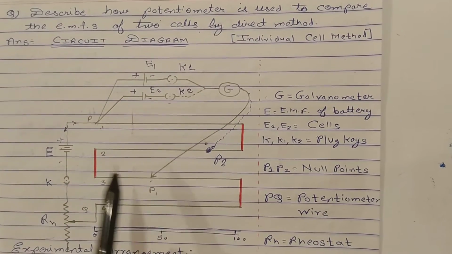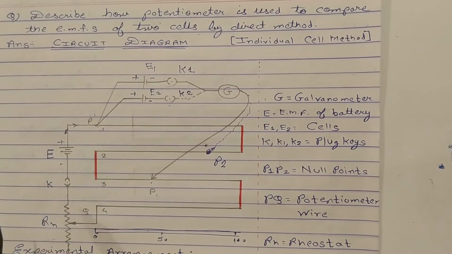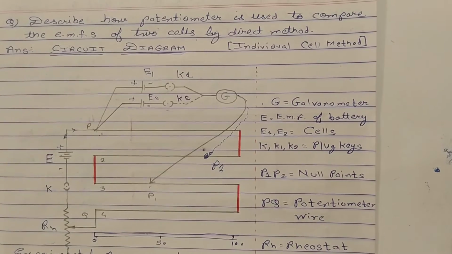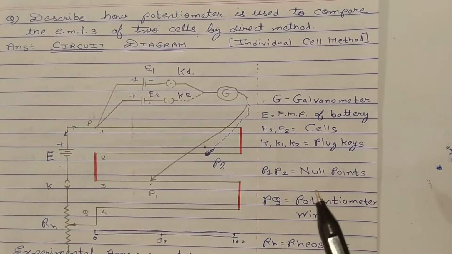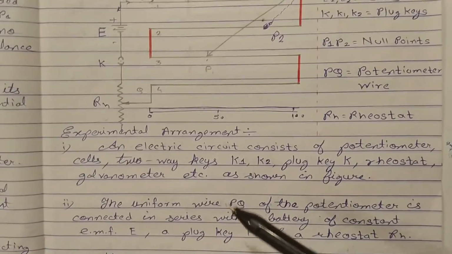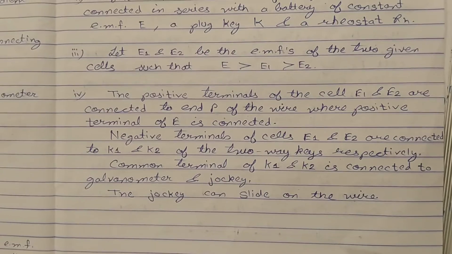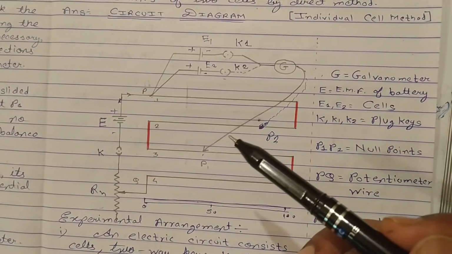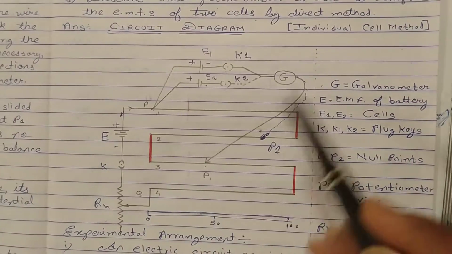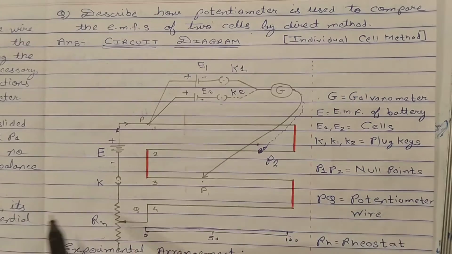Jockey is used to slide over the potentiometer wire PQ. How? I will explain it when I explain the working. That is the construction of the above circuit diagram. Now let us study the working of potentiometer used to compare EMF of two cells.